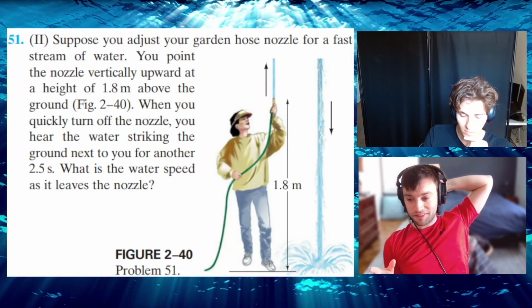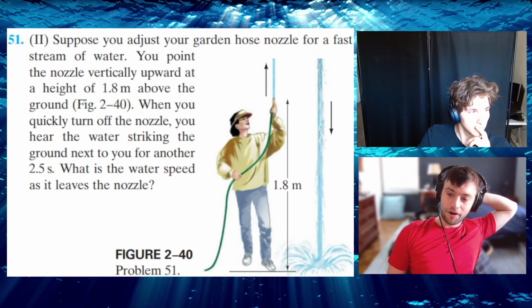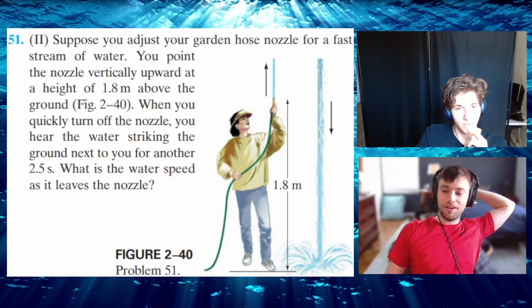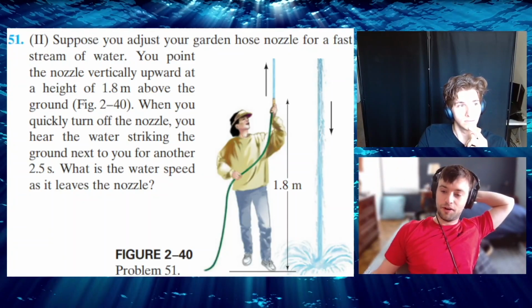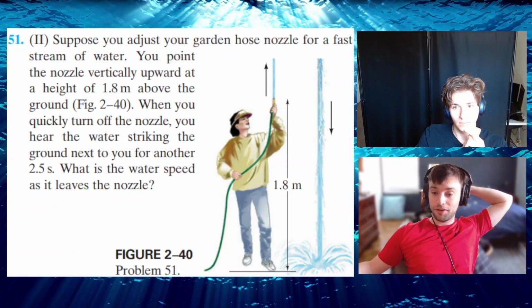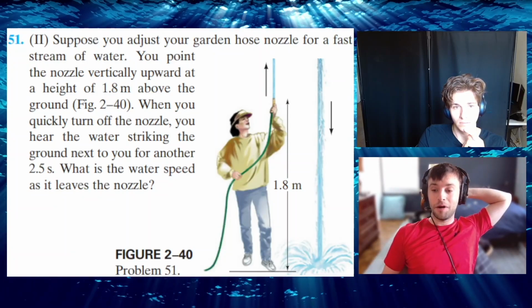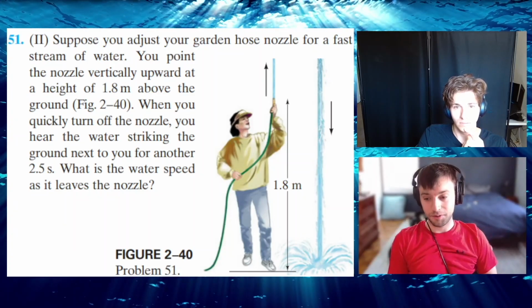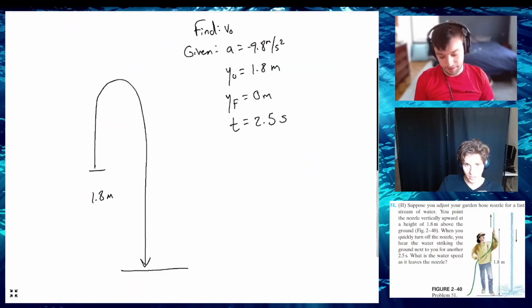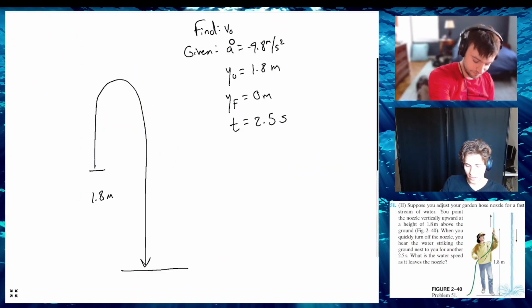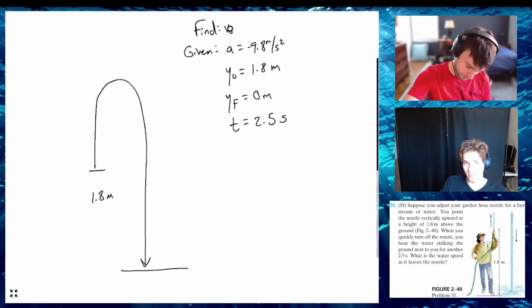So I think that's the initial contact of the water after it's gone up and down and hitting the ground, and also how long it continues to fall there, showing how much water was let out of the hose. Right, agreed.